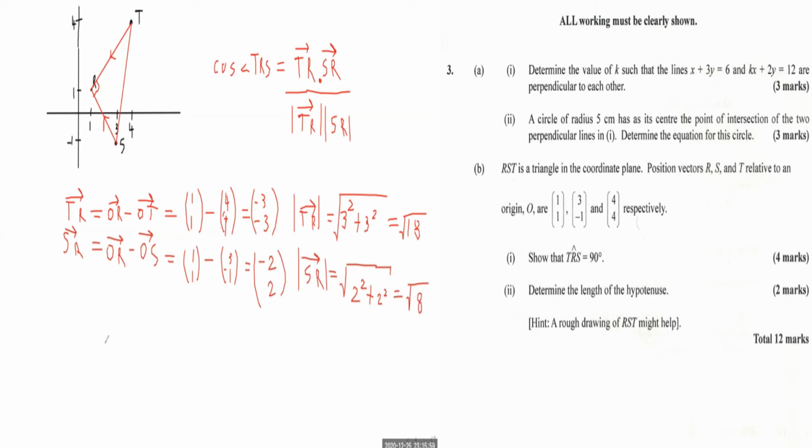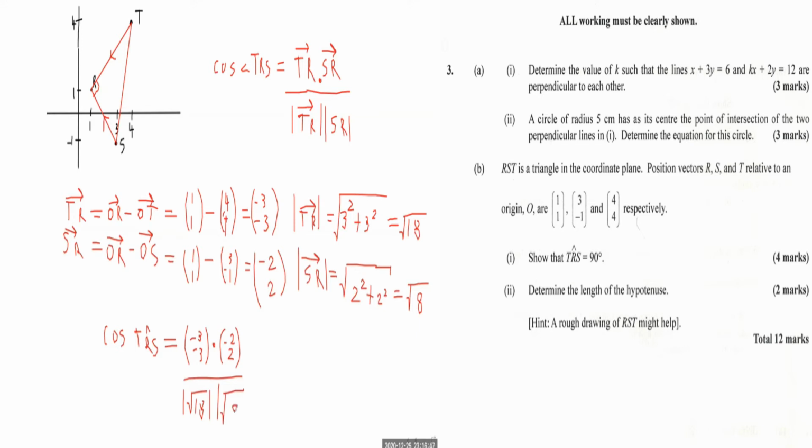So now we can go back and say the cos of angle TRS is equal to the dot product of (-3, -3) dot (-2, 2) over the norm of root 18 times the norm of root 8.